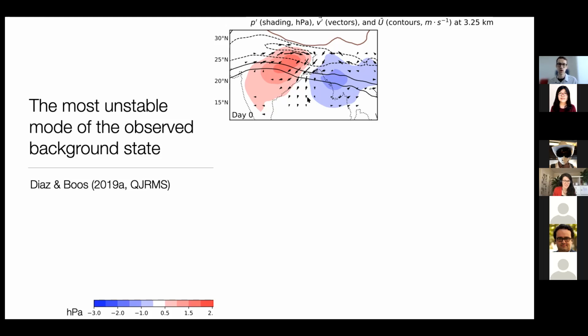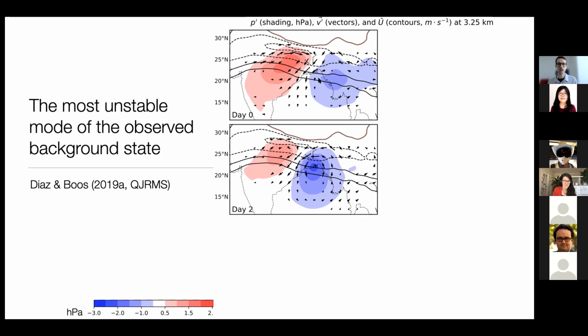So this is the structure of that least stable, the most rapidly growing disturbance, the least stable mode on day 0. This mode actually evolves in time. And so on day 2, 2 days later, this pressure anomaly has intensified and you have flow moving counterclockwise around that vortex. And the pressure anomaly, the vortex, has actually moved toward the west.